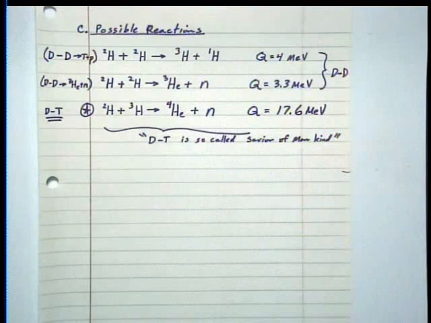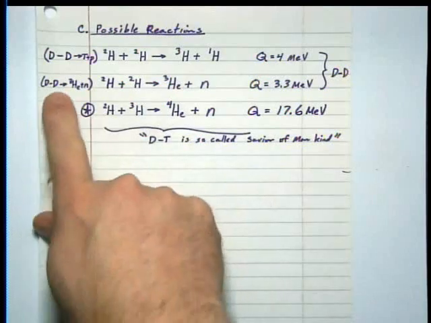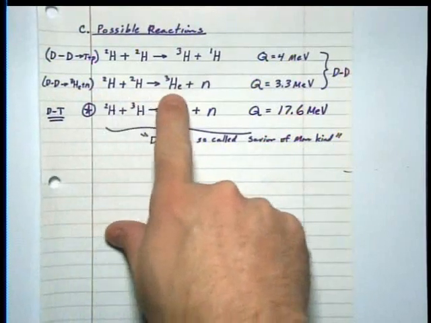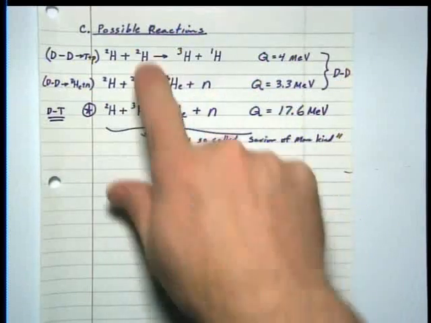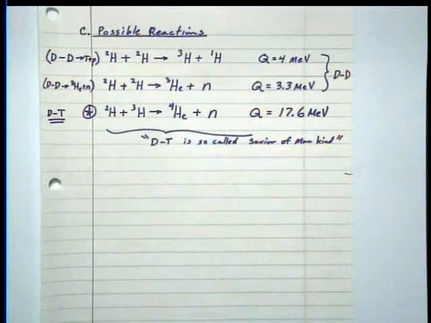That doesn't seem like much to me. I like a little more kick out of my fuel. Well, we can also take deuterium and deuterium and form helium-3 and a neutron, and you get 3.3 MeV out. Both of these reactions would occur in the same reactor.